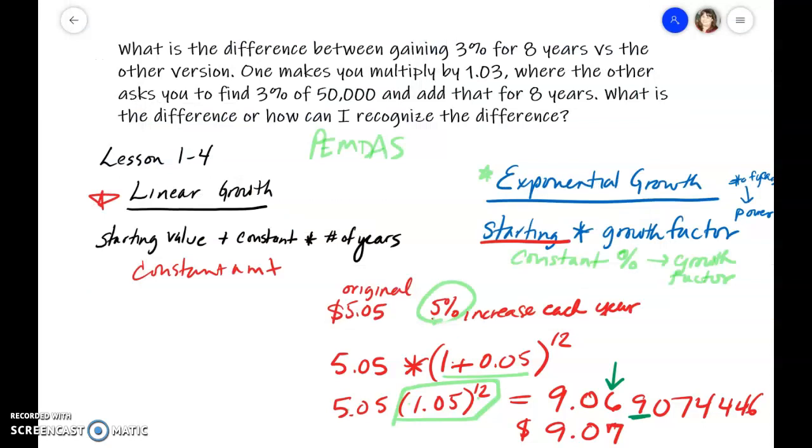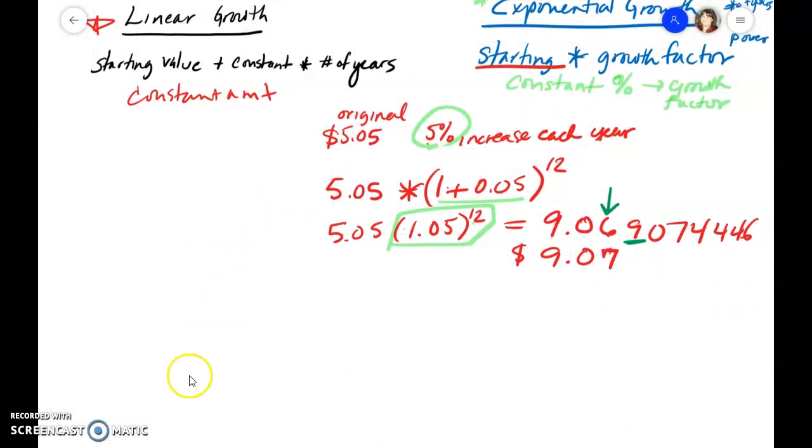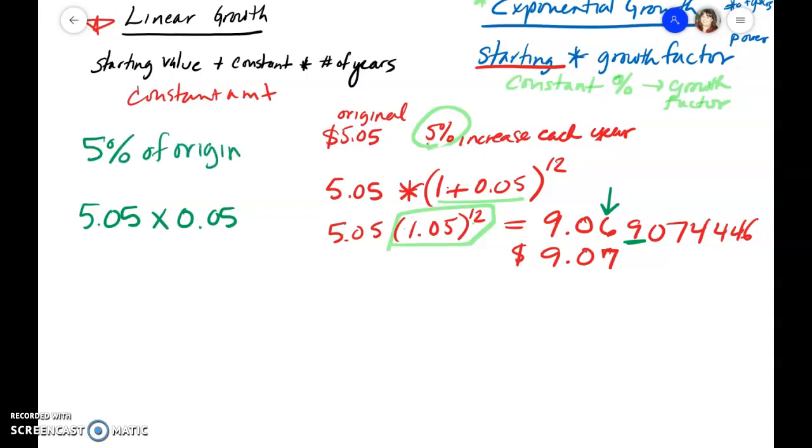So let me write down this one. So I've got $5.05, 5% of that. So 5% of the original, remember, let me rewrite this. That means 0.05, writing it as a decimal.